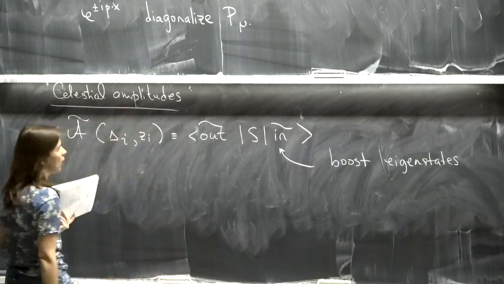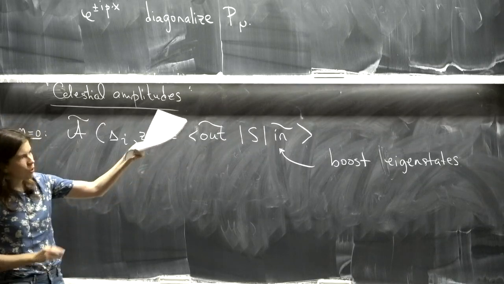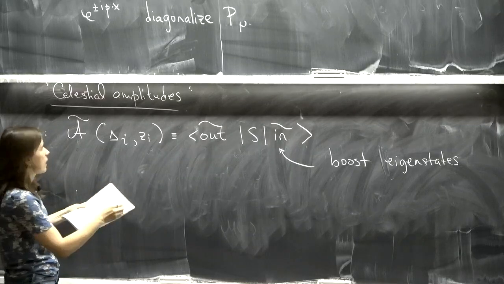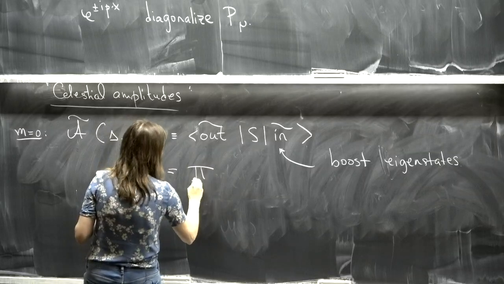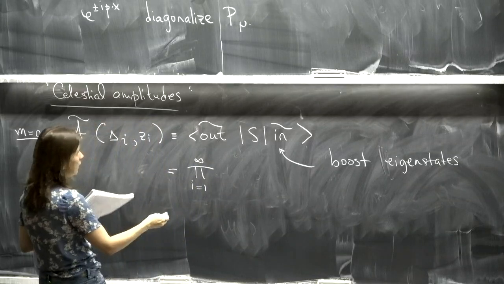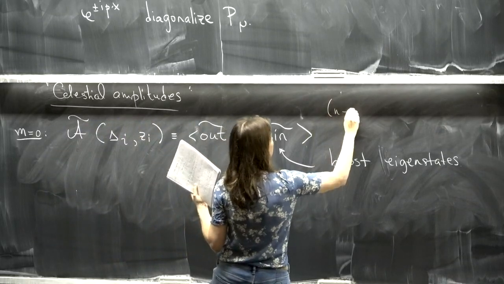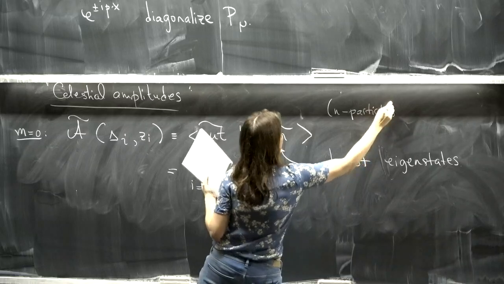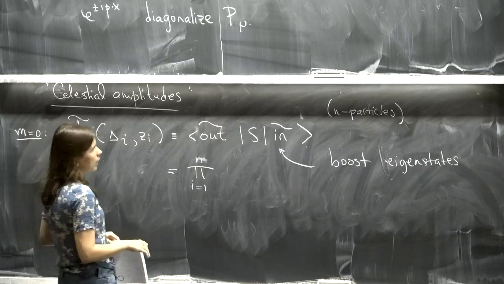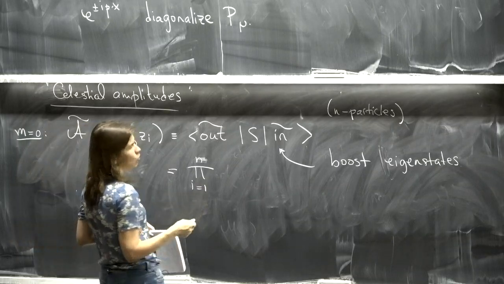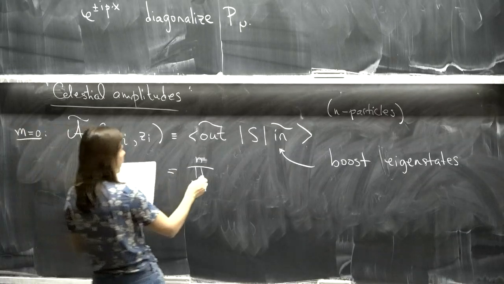And if one wants to write down the map, again, I'm just writing this down for m equal to 0, and just putting together all the elements discussed so far, one can relate this very simply to a scattering amplitude in the following way. So if you have n massless particle scattering, to obtain the celestial amplitudes in the case where the particles are massless, you're going to just take each external on-shell momentum and take a Mellin transform with respect to its corresponding energy.